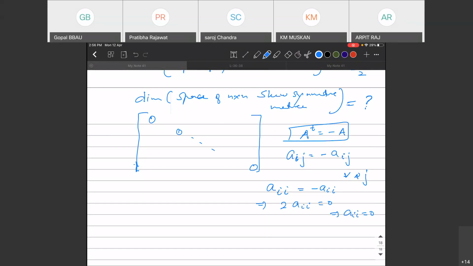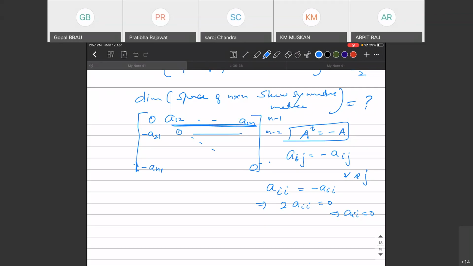But if you know A12, you know A21, minus of that. Similarly, if you know A1n, you know An1. So here you have how many choices? n minus 1. Next, you have n minus 2 choices.